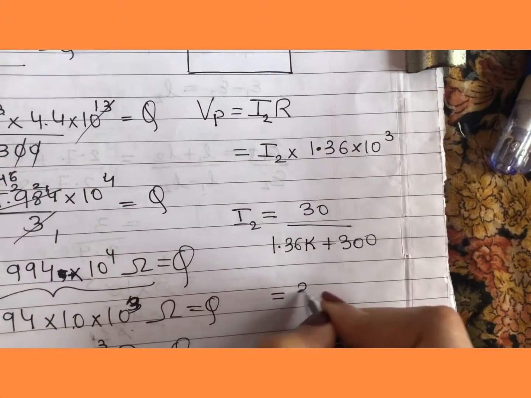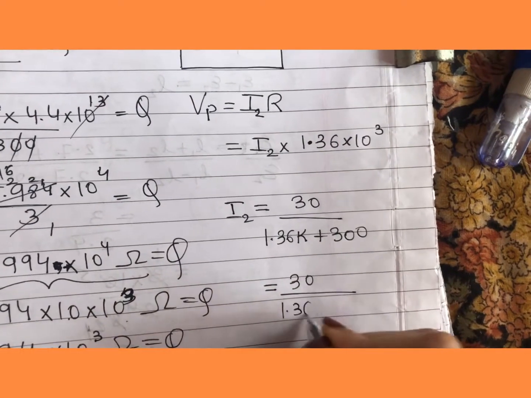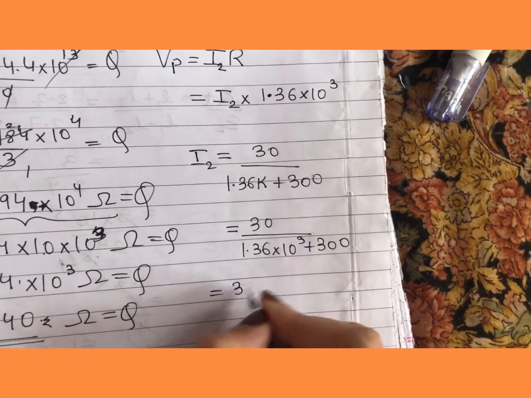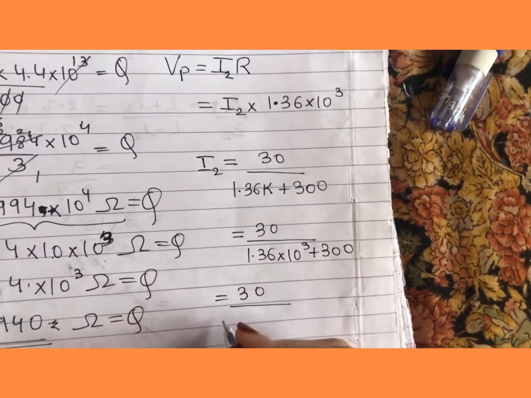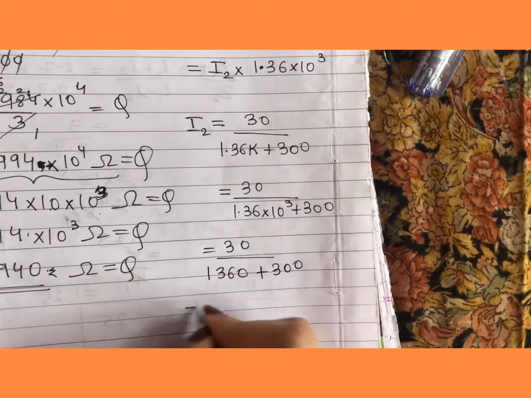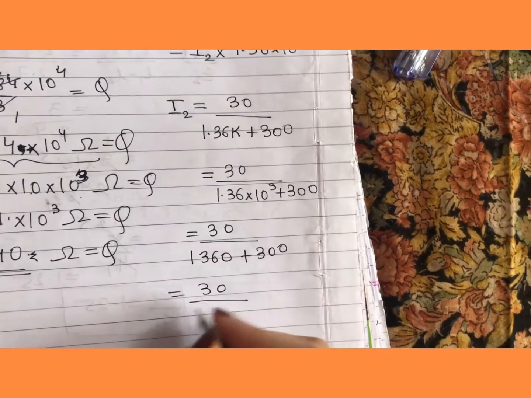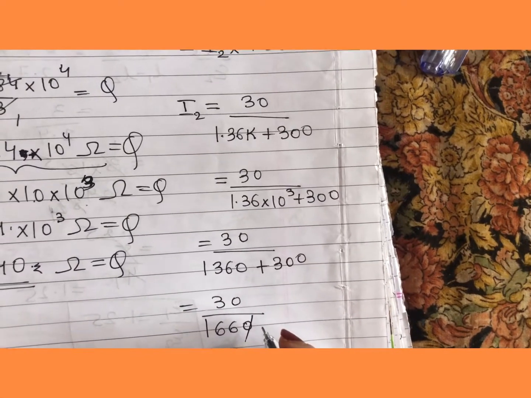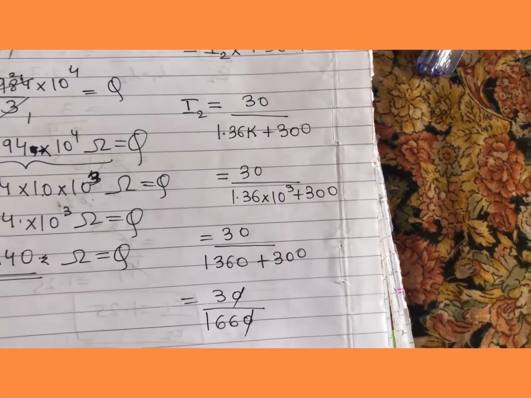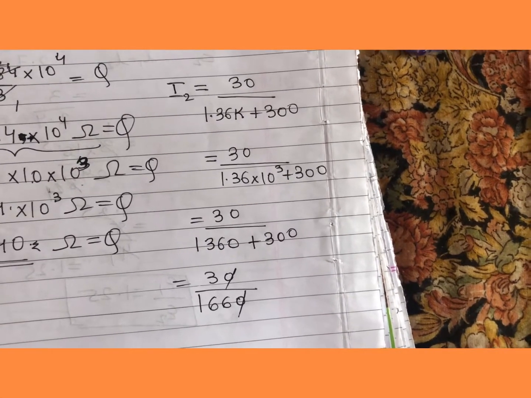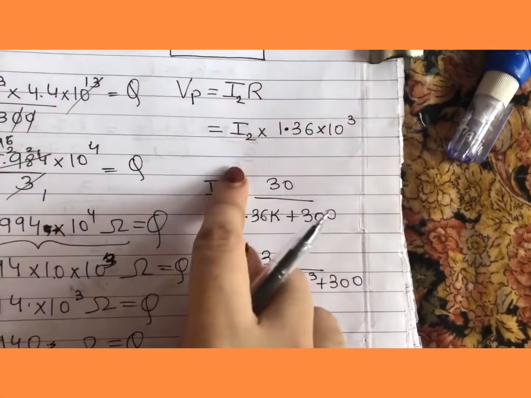So it will be 30 upon 1.36 into 10 raised to 3 plus 300. 1.36 into 10 raised to 3 is 1360 plus 300, so that becomes 30 upon 1660. Right? So this and this get cancelled, so 3 upon 166. This is the value of I2 current.